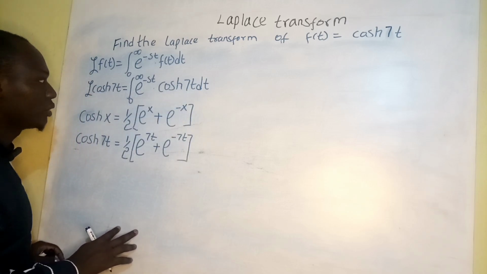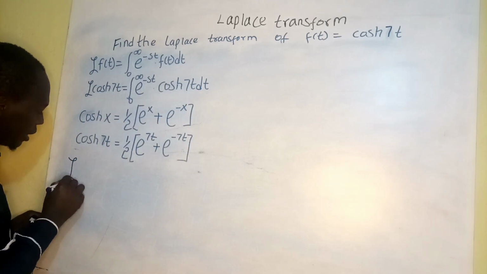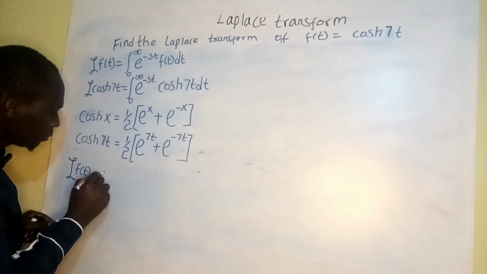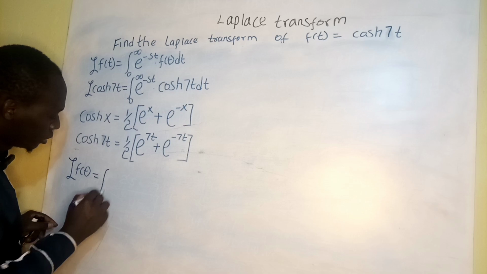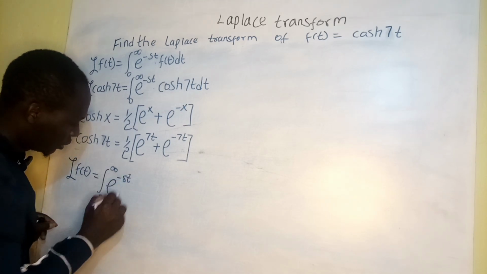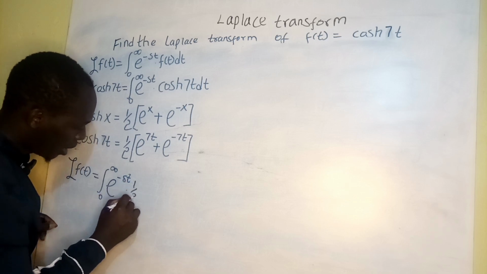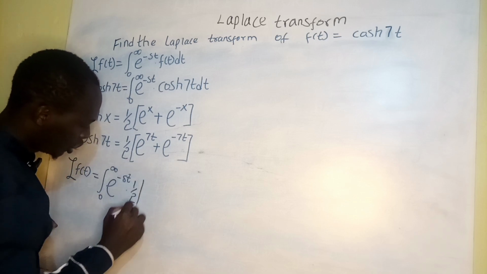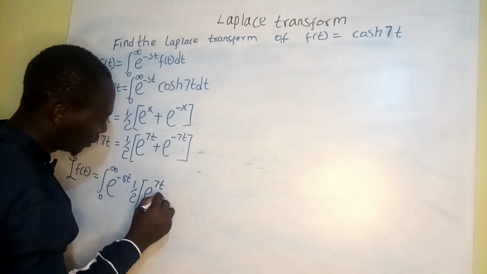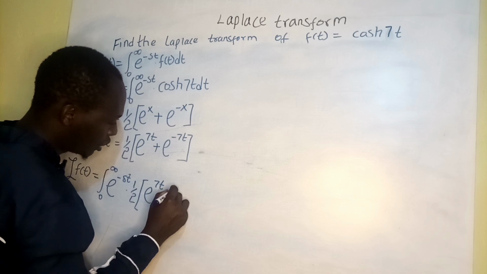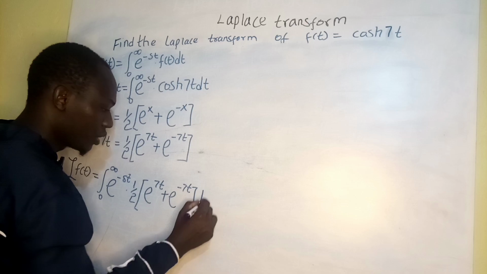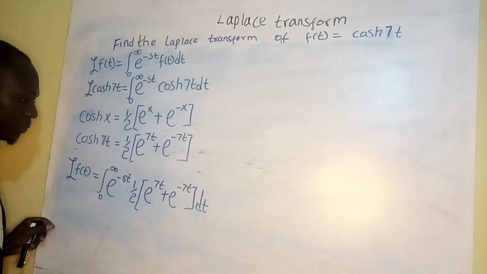Let us now get back into our working, whereby we say that the Laplace transform of a function f of t is going to be equal to the integral with respect to our limits of exponential negative st multiplied by a half into exponential 7t plus exponential negative 7t, and our whole integration is with respect to dt.